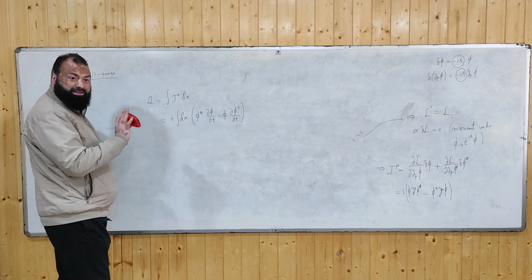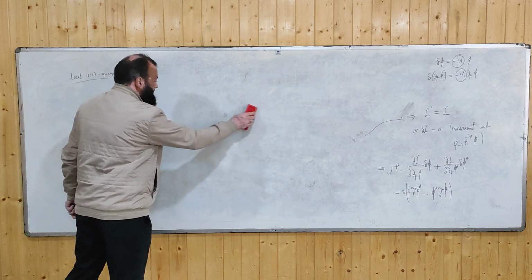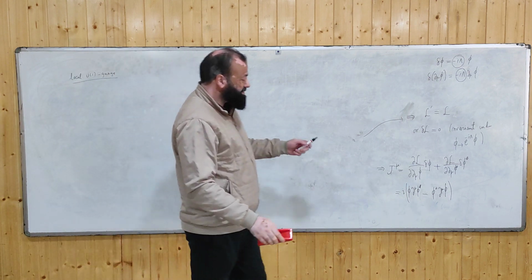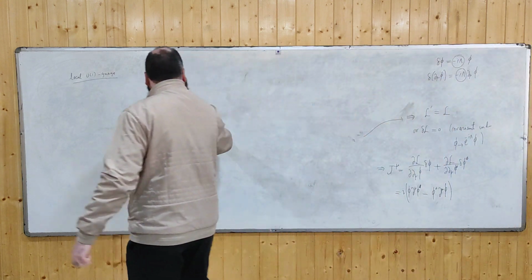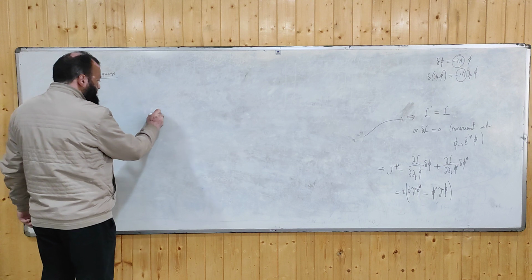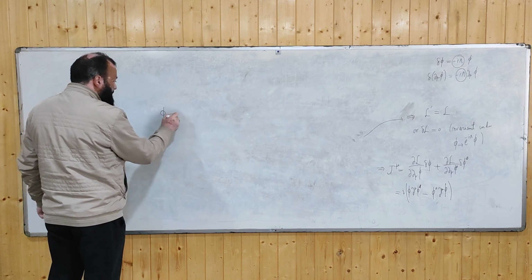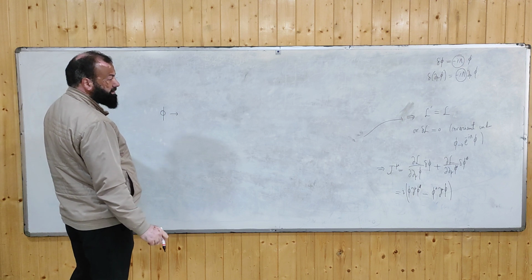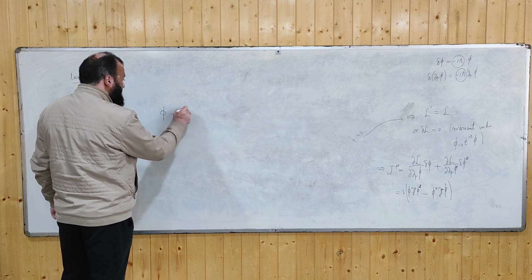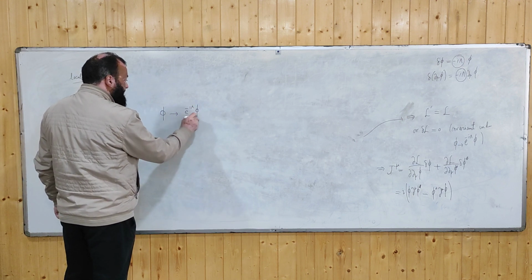Okay, have you got the point? Okay, so now let's move ahead. Now let's look at this transformation rule again. You have this transformation rule: phi goes as e raised to the power minus i lambda phi. Clear?